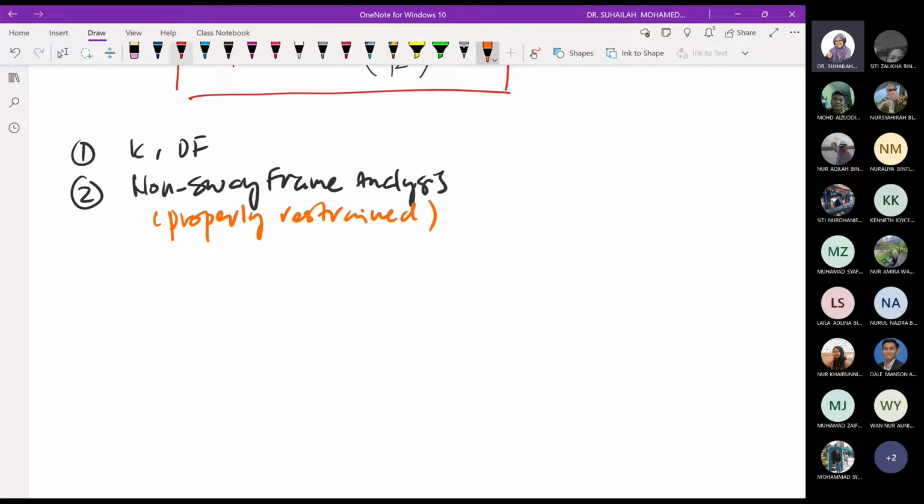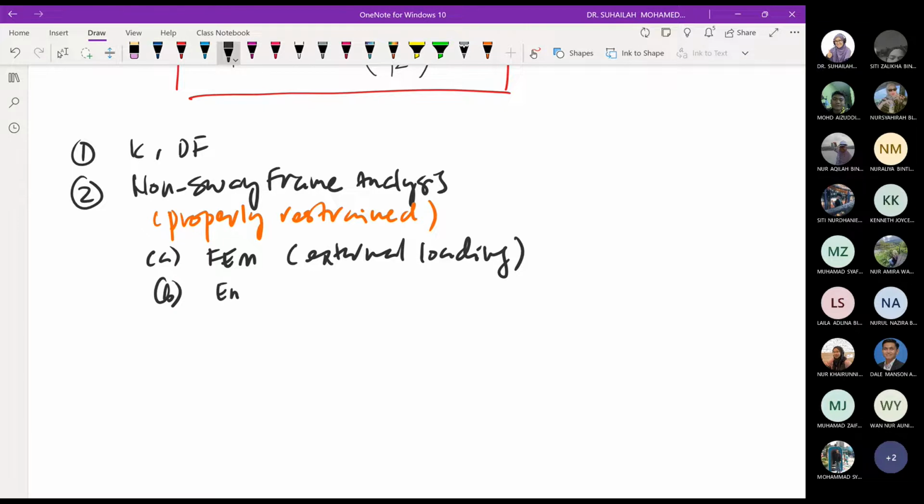So what is inside? In A, we have to calculate the FEM due to external loading. B, after the FEM is the end moment.